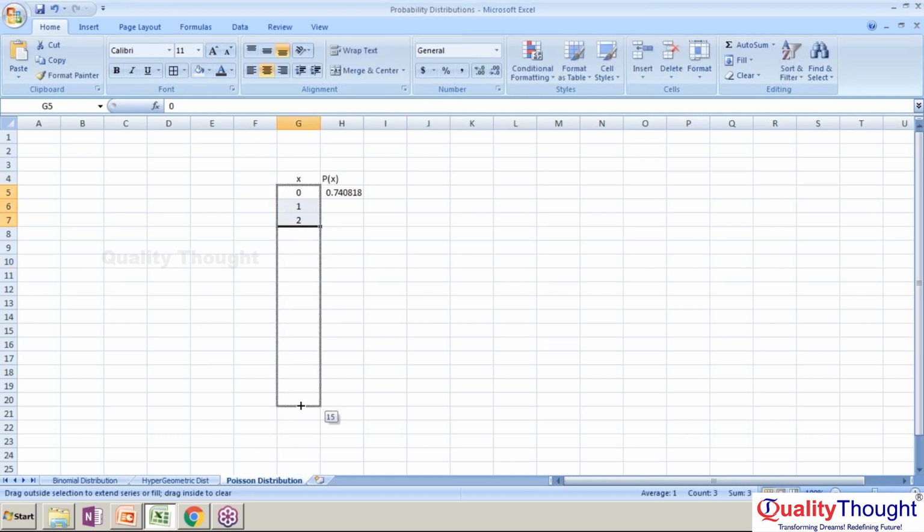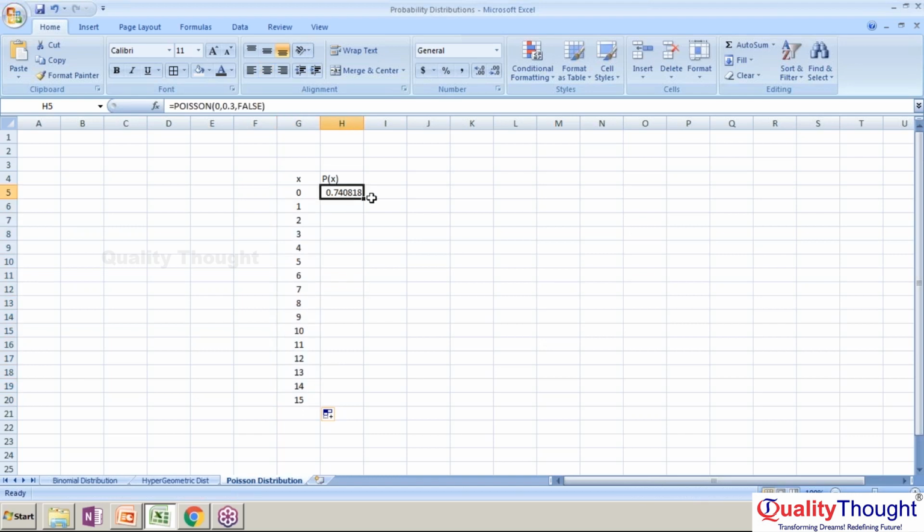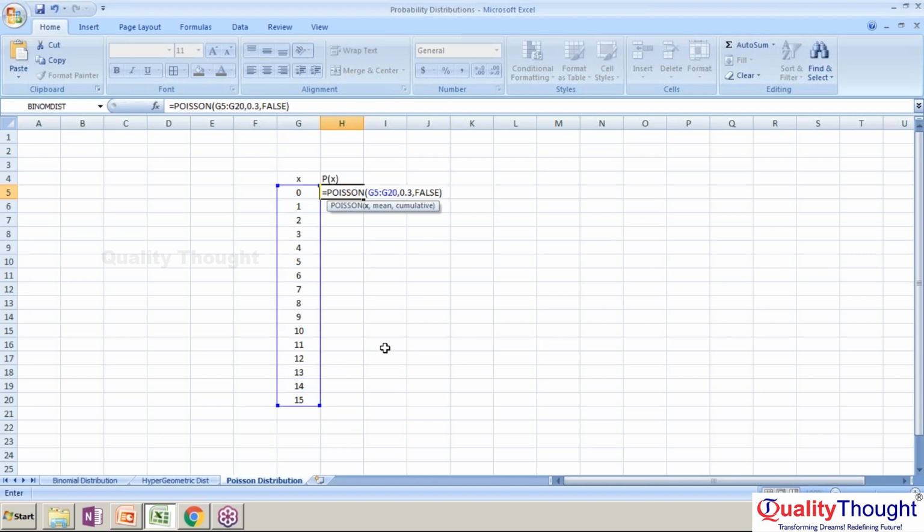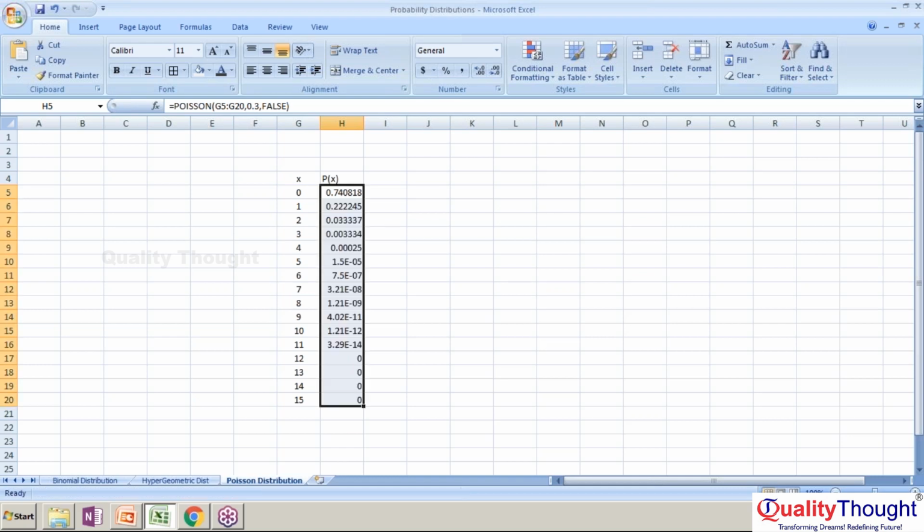So if you want me to go ahead till 15 values, I just wanted to drag this one till 15 values, but before that I need to edit the formula, right? Instead of 0, I will just take down this part. I will expand till here, and now then I will expand till here. See, it's done. It's almost done. Here, if you can take a look at this one.